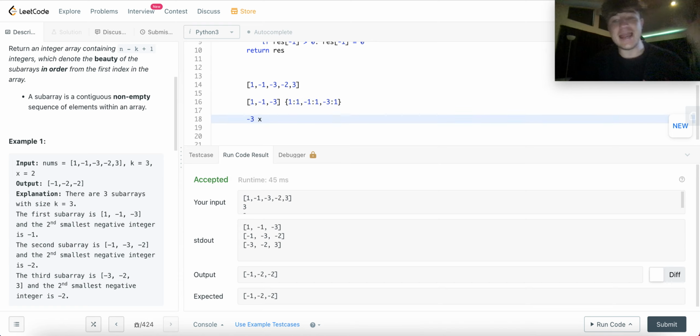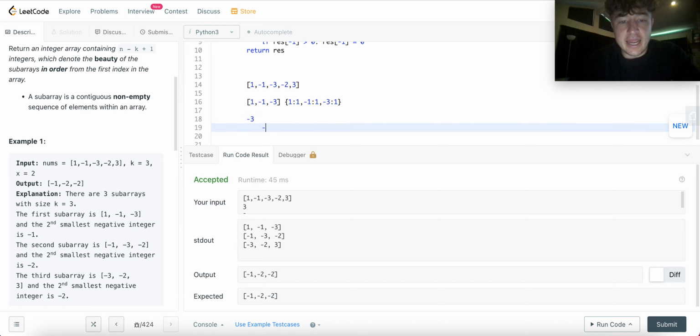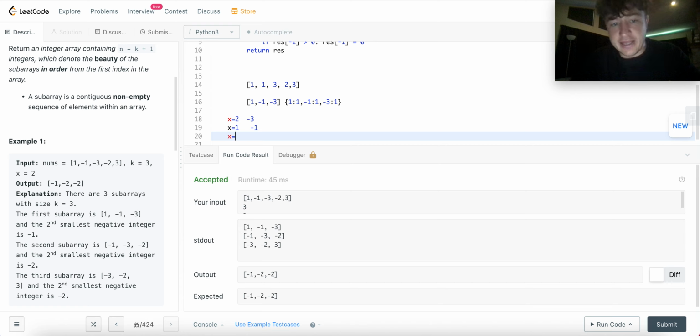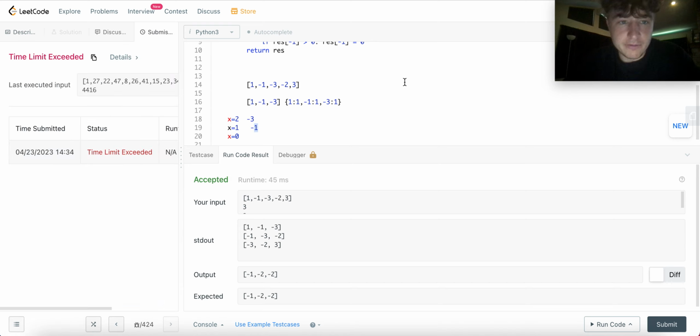So now I know x equals 1. Then I look at -1 and say, is -1 in here? Yes. So we have x equals 2. We find a -3, now x equals 1. We find a -1 and x equals 0. So that must mean that our smallest element is -1. I'm articulating this terribly.